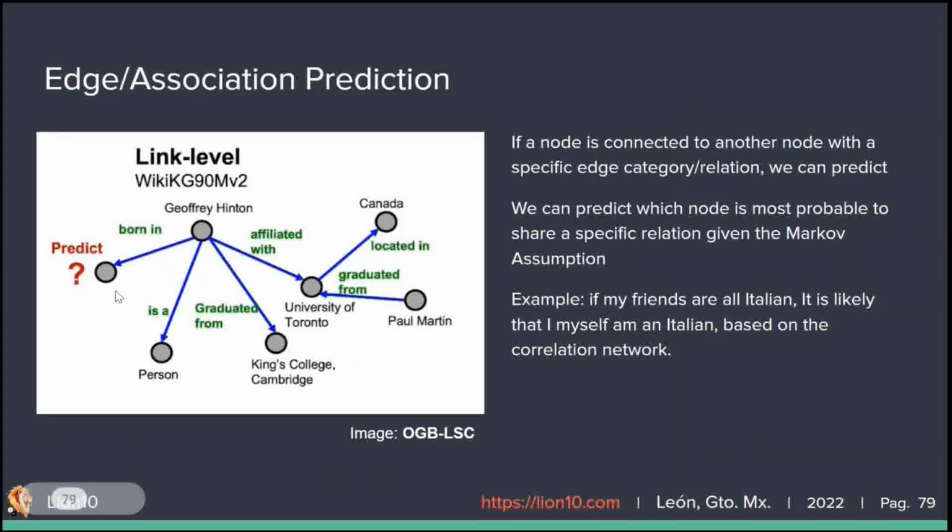Let's say that we have here, for example, people, locations, maybe institution affiliations, another person. Let's say that we have born in.